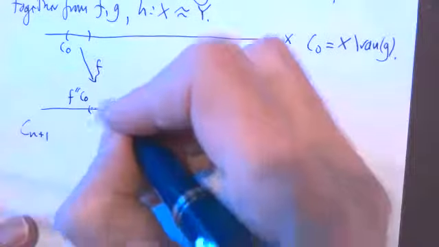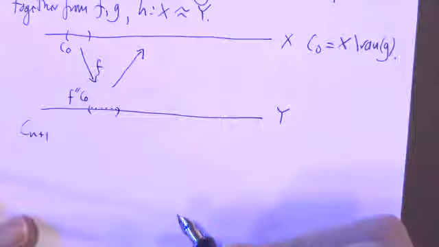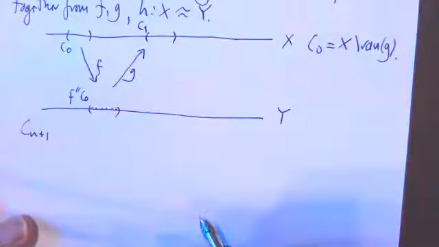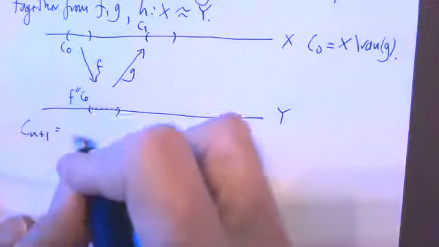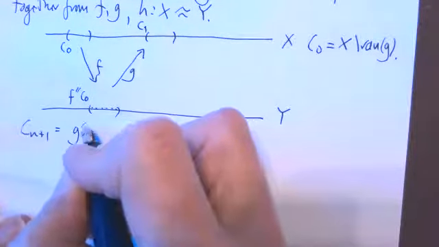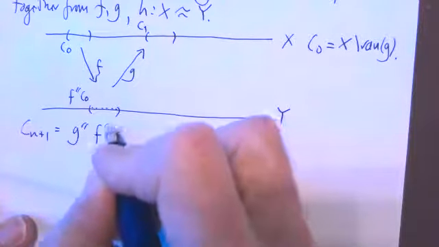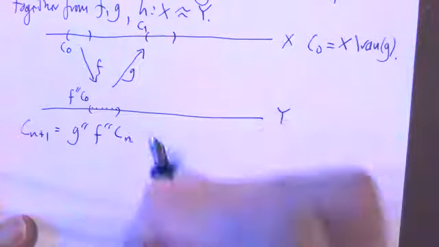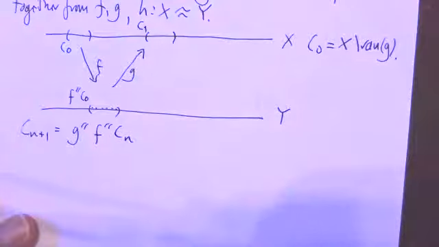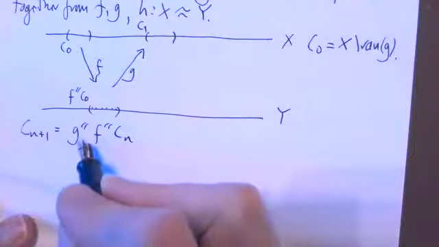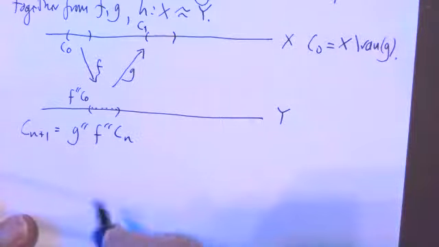And now we'll apply g to that and bounce it back upwards. So then over here, I'm going to call this C1. So I apply g here to go back upwards. So C1 is going to be the range of g applied to the range of f on C0. So again, if you've forgotten what this notation is, look back towards the end of chapter 1.